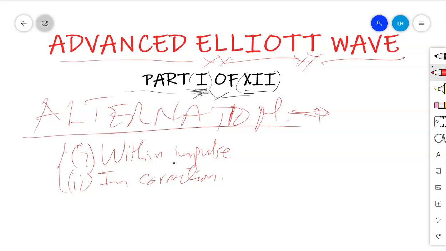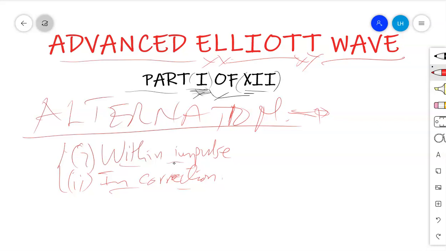Therefore, within an impulse, there's a time when you find that an impulse has this structure, and next time you find that it has a different structure. Within a correction, the same thing: a corrective wave has this appearance or structure, and next time the same correction has another structure.